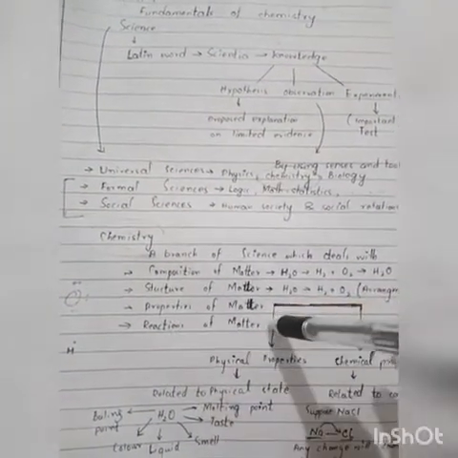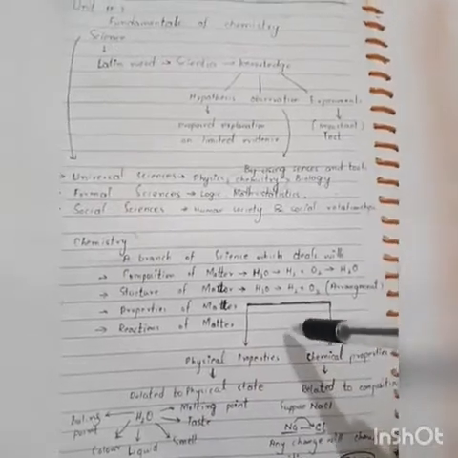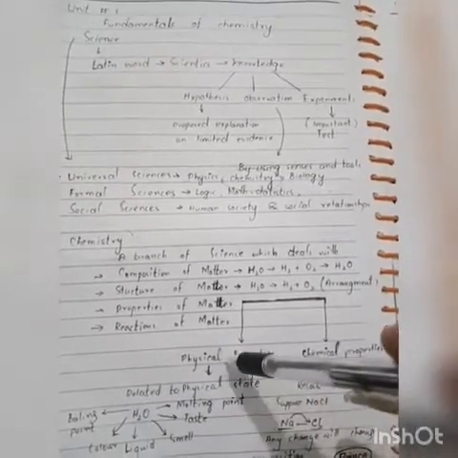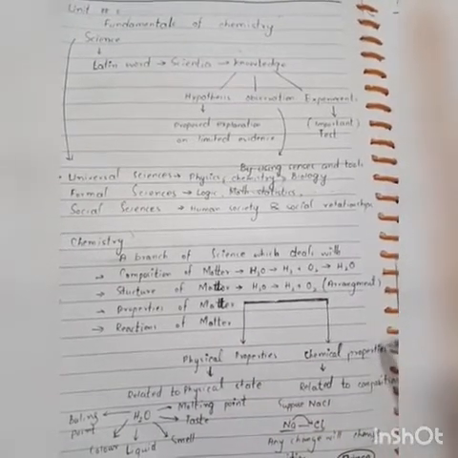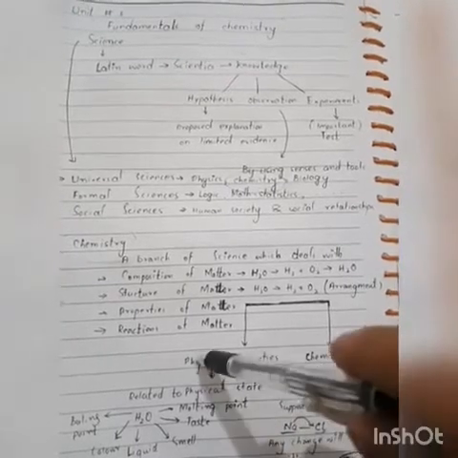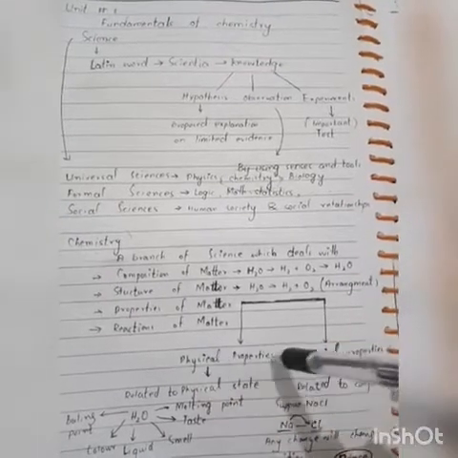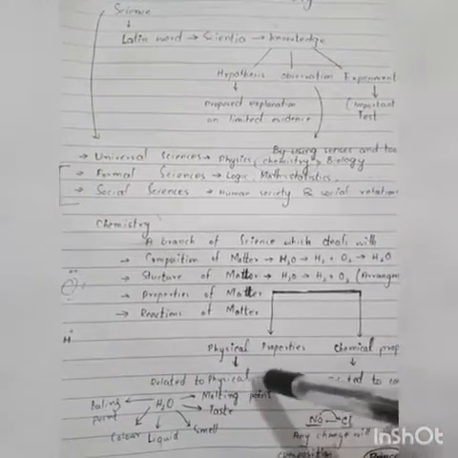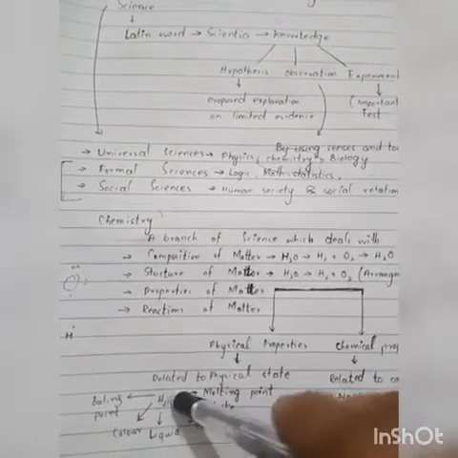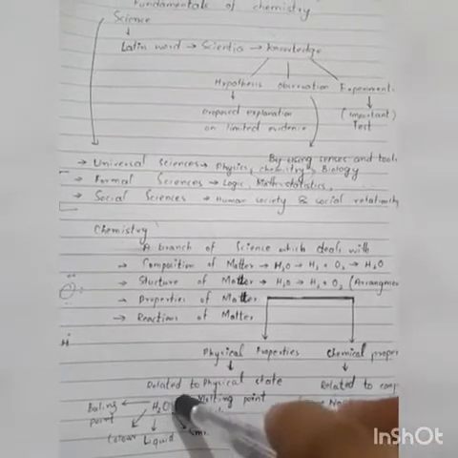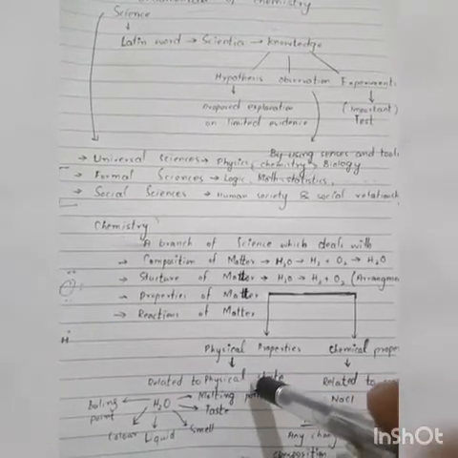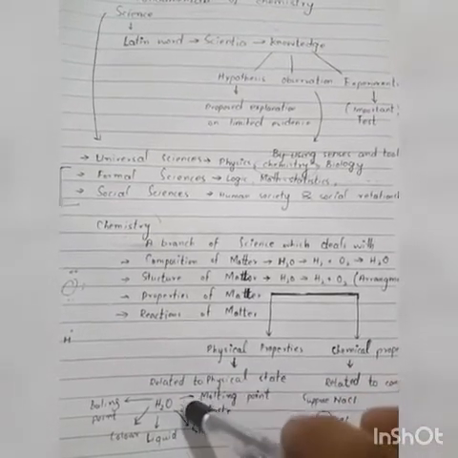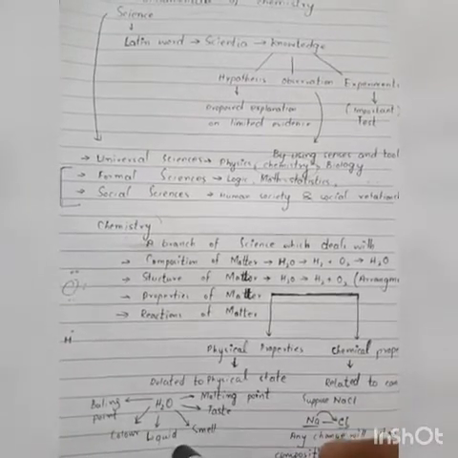Now properties of matter. There are two kinds of properties. One is physical properties and the second is chemical properties. As the name denotes, physical properties are related to physical state. Let's take an example of water. Physical properties tell us the physical state of water, which is liquid.